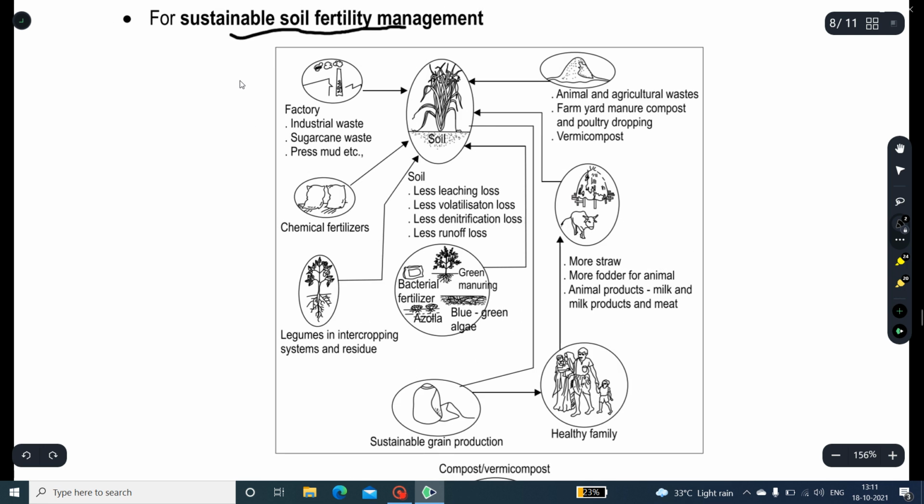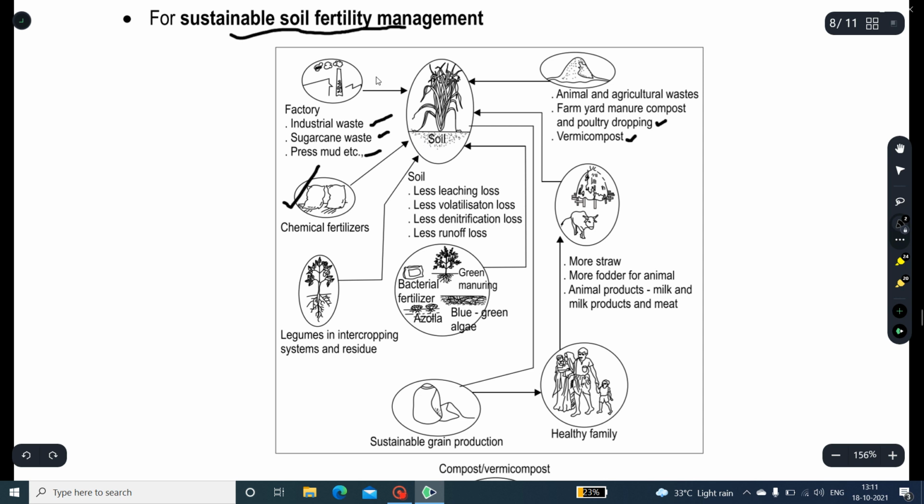Here we have given the different sources of organic manures. First one is animal or agricultural waste: farmyard manure, compost, poultry droppings or vermicompost, which may be applied to the crop. Nutrients may also be applied from industrial waste, sugarcane waste or pressmud, or as chemical fertilizers, or legumes in intercropping lead to nitrogen fixation in crops and the residues add nutrients to the soils.